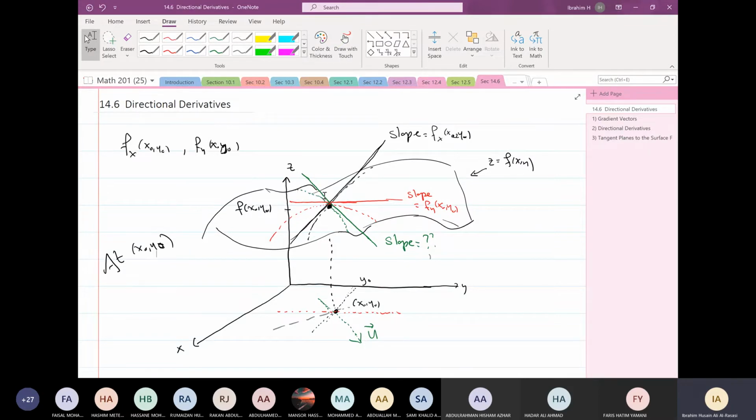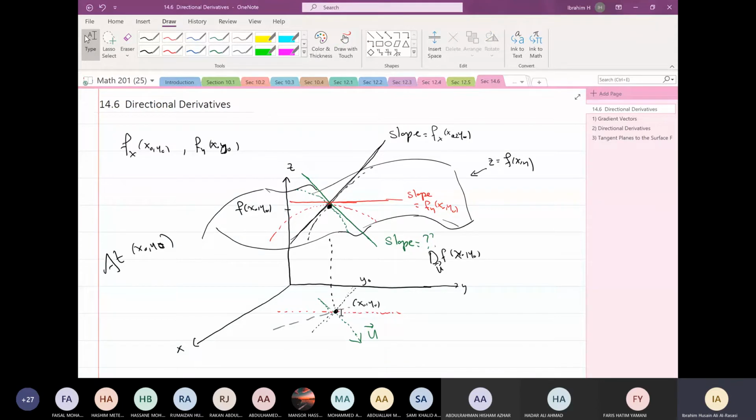I get a green tangent line, and the slope is the directional derivative at x0, y0 in the direction of u. Okay. So now I know how to compute the directional derivative. So these are the three directions or three curves or three tangents or three slopes given in the graph.